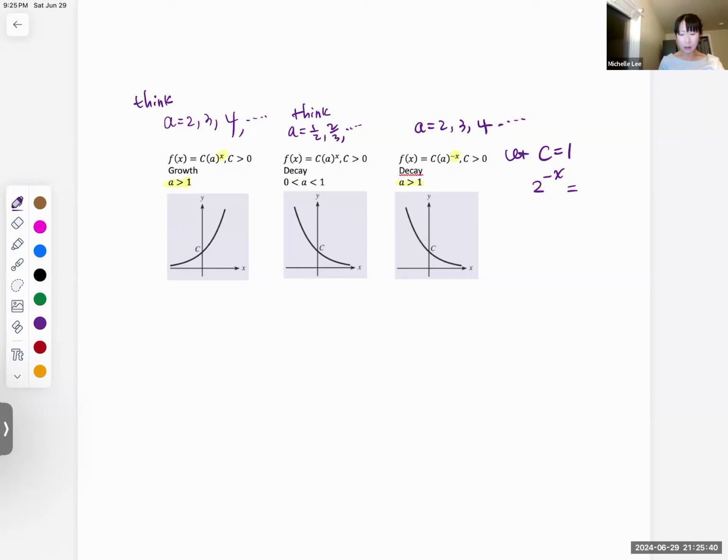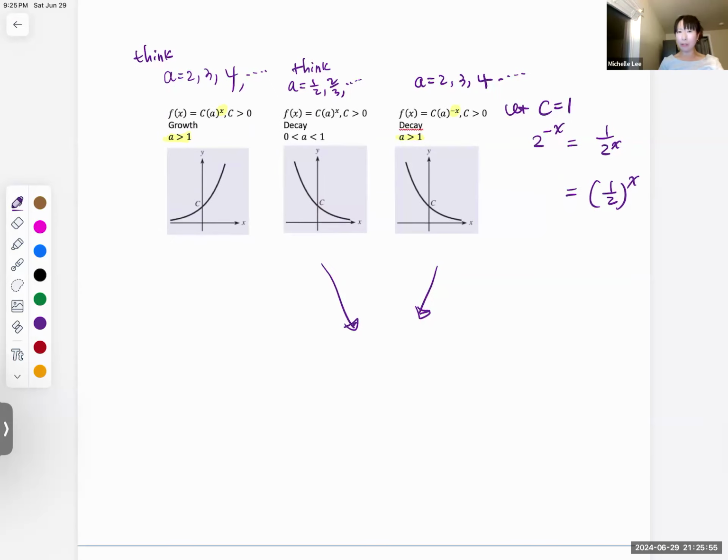That means we can express 1 over 2 to the x power. So basically, same function, but different format, right? Same. That's why they have a decay together, right?